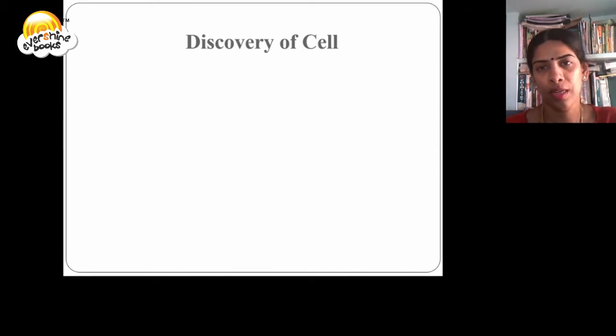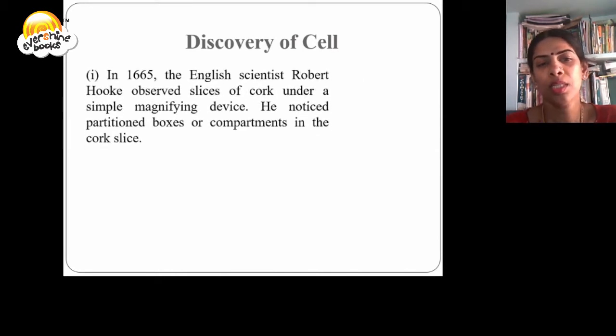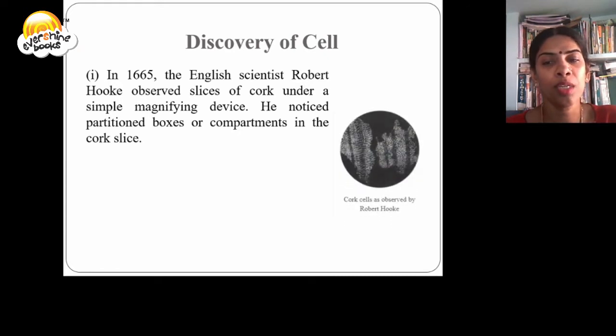Discovery of cell. In 1665, the English scientist Robert Hooke observed slices of cork under a simple magnifying device. He noticed partition boxes or compartments in the cork slice. The picture shows the cork cell as observed by Robert Hooke through a magnifying device.